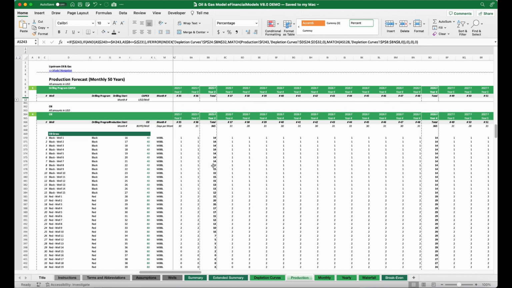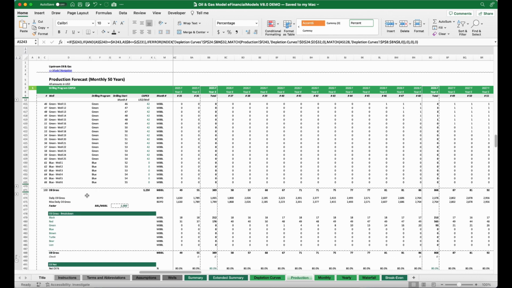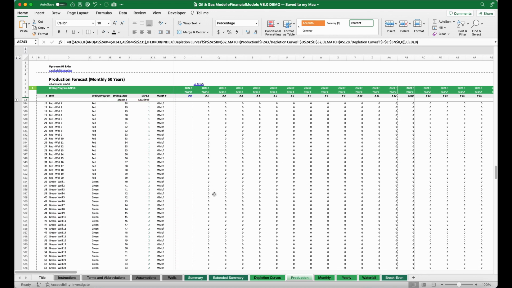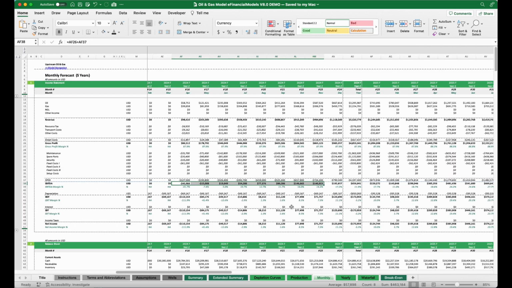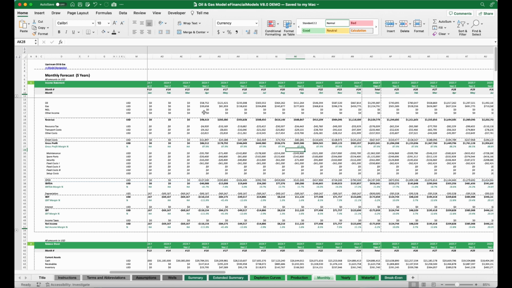And then once we have done that, we can basically calculate how much oil we will produce by which month, and the same for the gas and the natural gas liquids. We have then a monthly sheet which translates the production outputs into revenues and costs. Then we take into account by when the oil and gas wells reach production stage and when they will start to generate revenues.